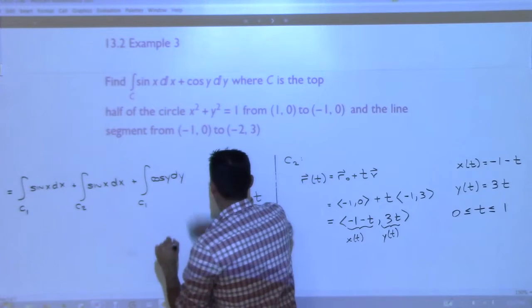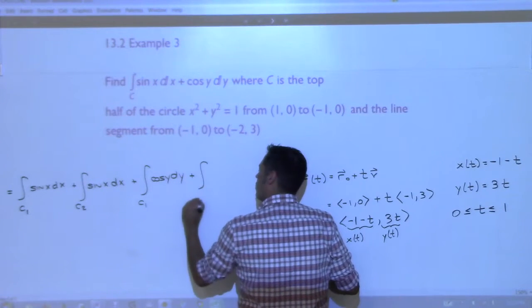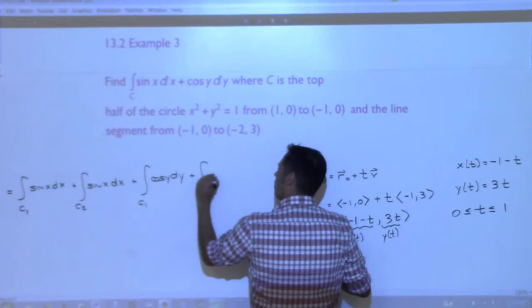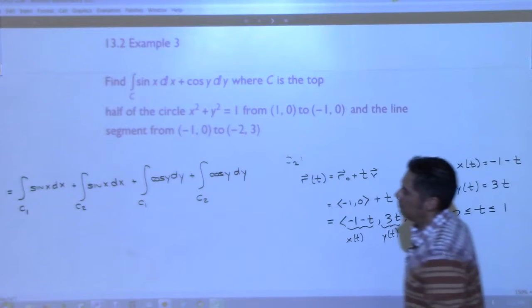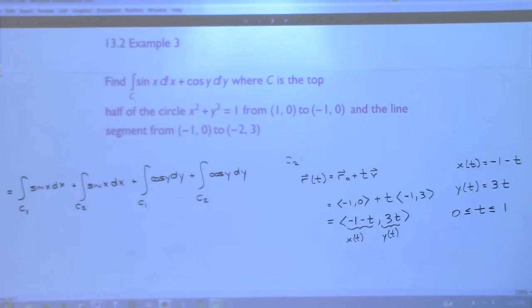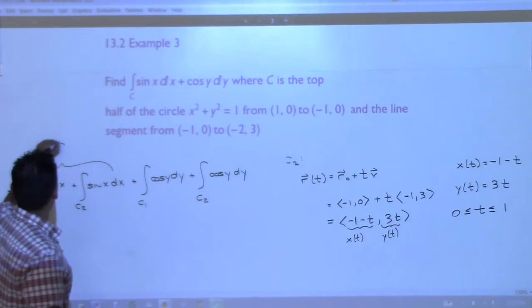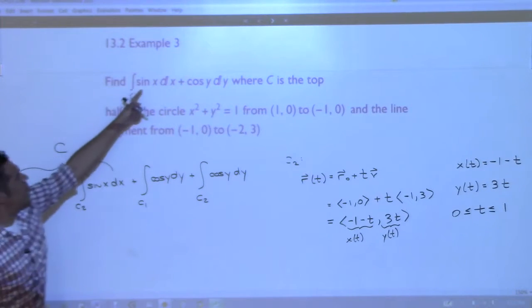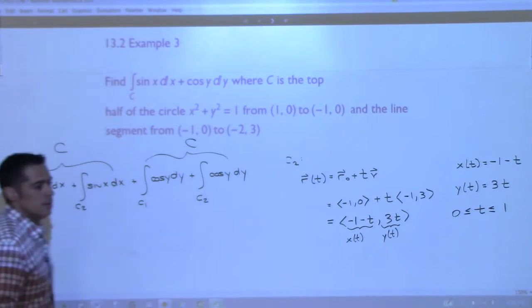And then I'm going to erase this. I can remember what that was. And then plus the line integral over C2 of cosine y dy. Y'all understand what I'm saying? Like this is over C, but it's for the first part, and then this one is over all of C, but it's for the second part.